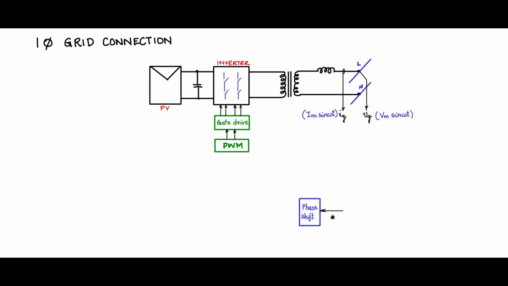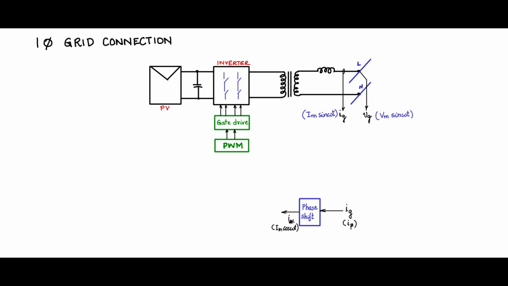So to the input of the phase shifter block I will give Ig, which is considered as I beta because it is Im sin omega t, and the output of the phase shifter block will give you I alpha. So after this Im sin omega t is passed through the phase shifter block, it will become Im cos omega t, shifted by 90 degrees.